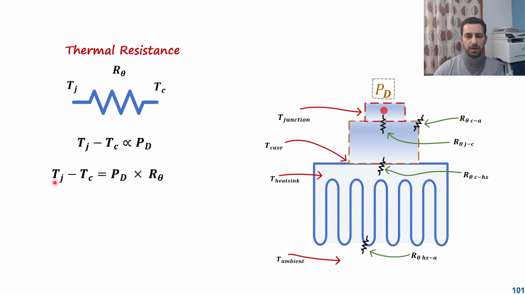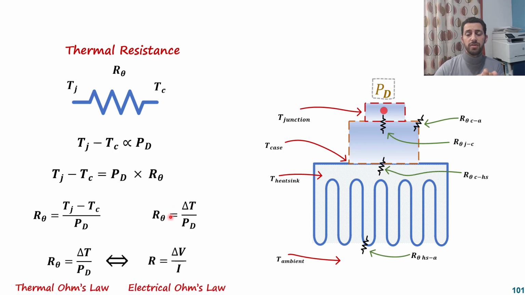So now we have different temperatures here. The difference between them is controlled by the power dissipation times the thermal resistance. By manipulating this relation a little bit, we come up with this relation, which is the thermal resistance equals the temperature difference between these two points divided by the power dissipation.